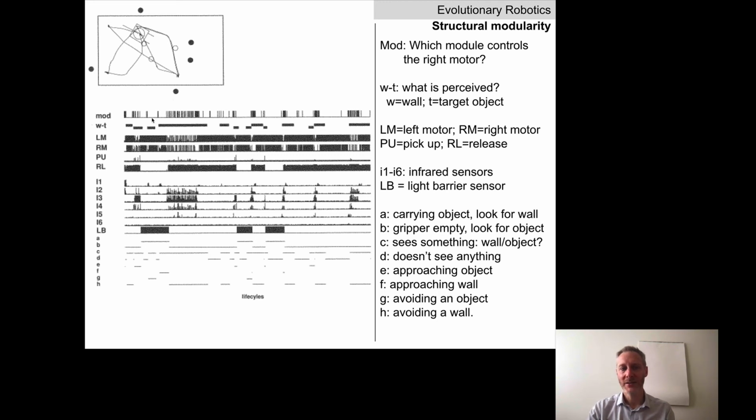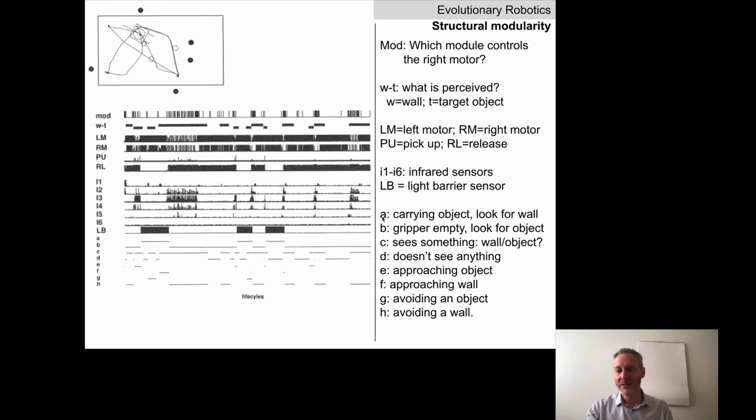We would expect that for example, it could be that whenever the robot is holding an object and trying to get rid of it, we have black up here. Whenever the robot is looking for an object, we have white up here. That would represent that these evolved modules have carved up the task into holding an object or looking for an object. That does not seem to be the case.